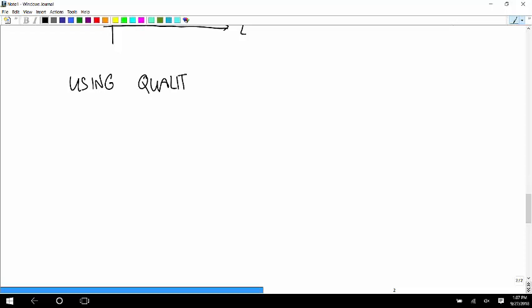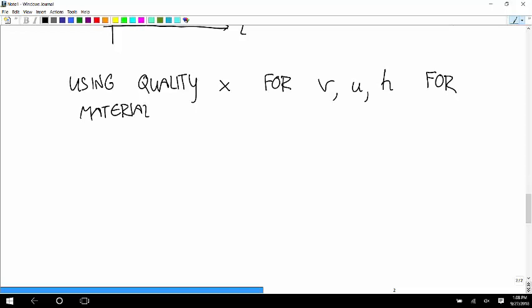Remember, I defined this quality X. We'll use it for specific volume, specific internal energy, and specific enthalpy, which we're going to talk about very soon, for materials at saturation temperature and pressure.